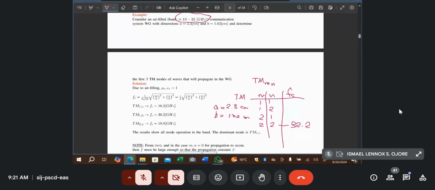Or if we calculate other modes, we may get other dominant modes? Do you think TM11 is the dominant mode? Or we need to do others so that we are sure? From this equation here.